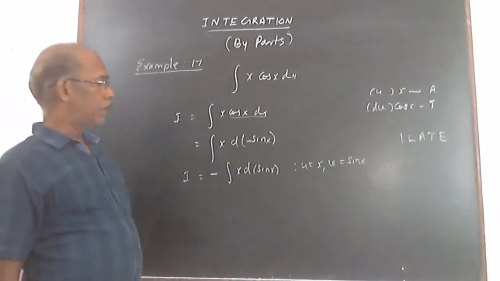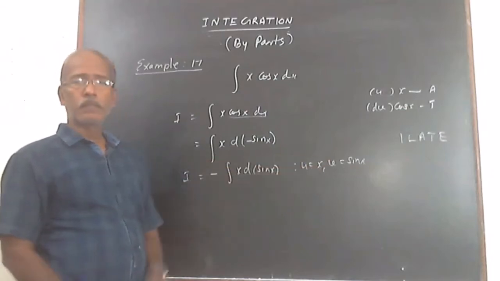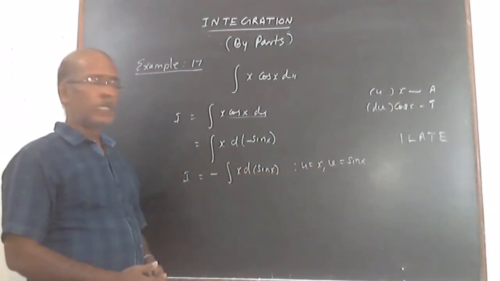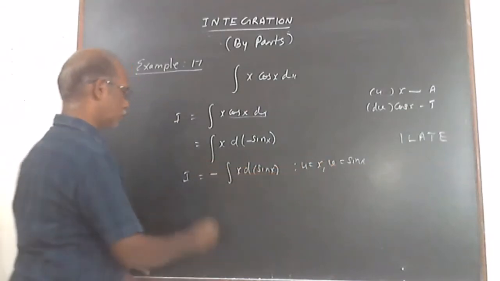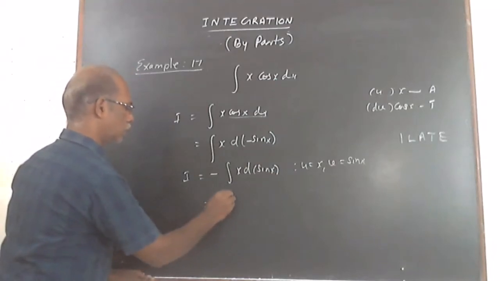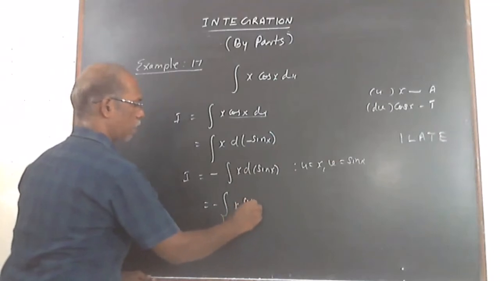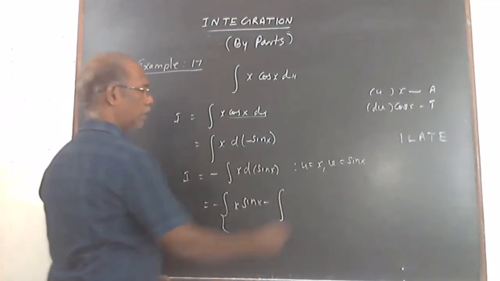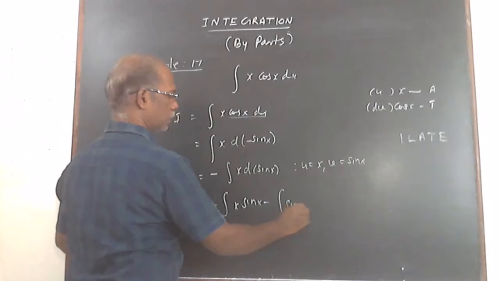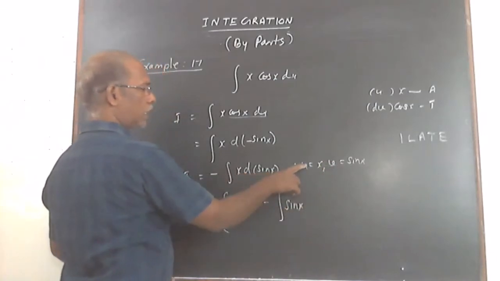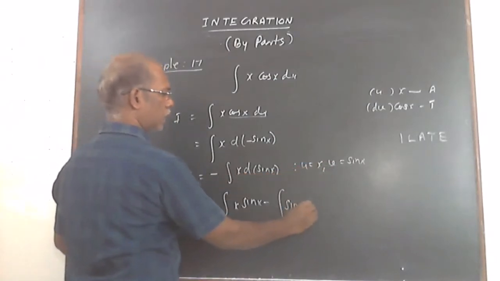By parts, the first term is u times v, the second term is minus integral of v du: x sin x minus integral of v, sin x, and the differential of u, that is the differential of x, dx.